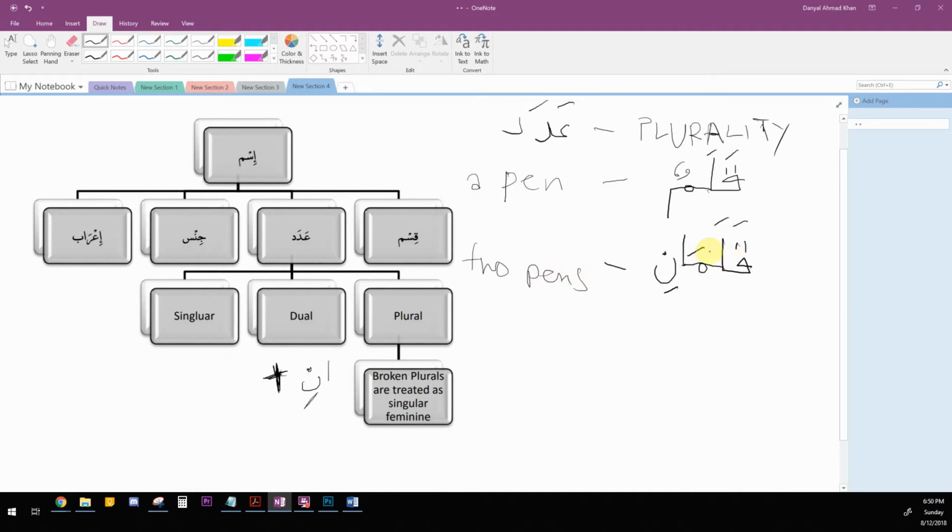Qalamani. You're going to see here that this dropped the tanween and it became fatha, because you can't keep the dhamma and have a fatha and have an alif after. Alif is always going to be with the fatha.